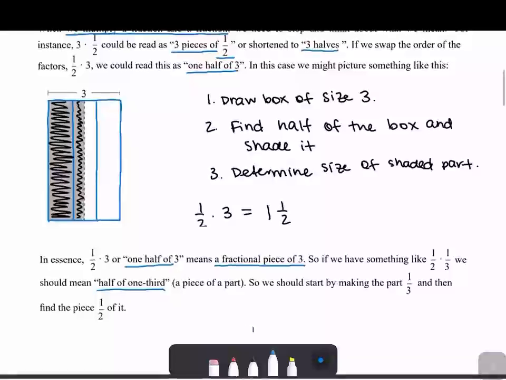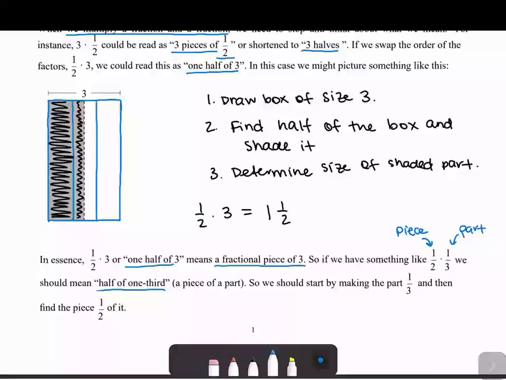In this case, 1/3 is the part, because it's one part of our whole. And then we just want to look at one specific piece of that part. That's essentially what multiplying fractions means: we're looking at pieces of parts, where part comes from a fraction representing a part to whole ratio.